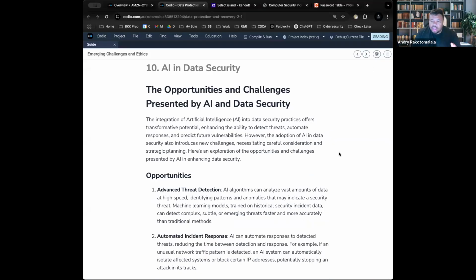In essence, it's using machines to do a lot of the work that humans do, except a lot faster with ideally less human error. When it comes to AI and cybersecurity, we typically use it to detect when there's an intrusion and to analyze large amounts of data, right? Because as you can imagine, it'd be hard for a human to do all that. So having AI do that saves us a lot of time and money.